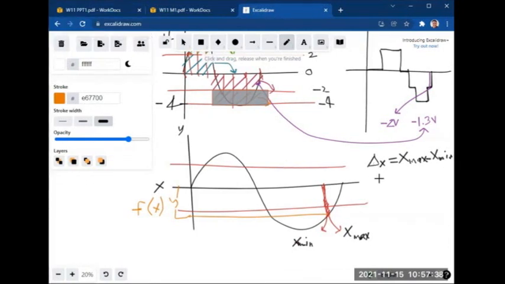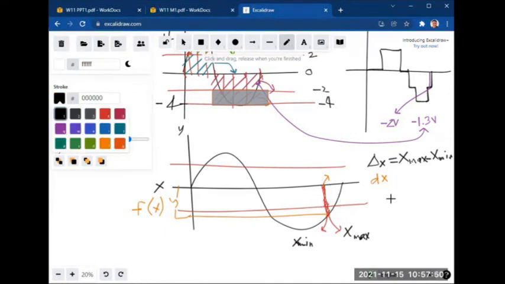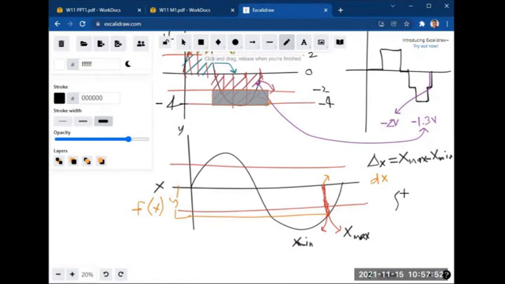Again, delta x is dx. So if we take the area of this strip, you see where we're going, right? The area of this strip will be the integral of f of x dx, because the value of our x will be somewhere inside this strip.